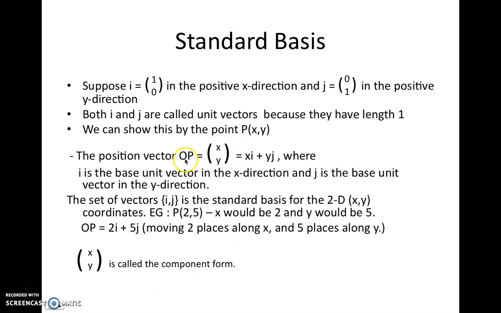The position vector OP is also equal to xi add yj, where i is the base unit vector in the x direction, and j is the base unit vector in the y direction.